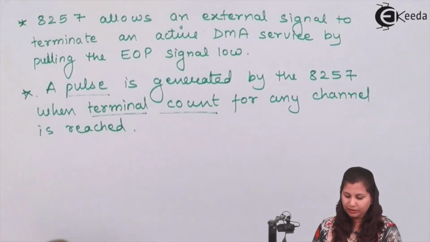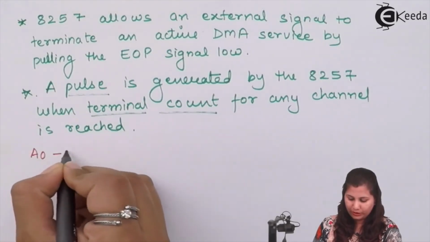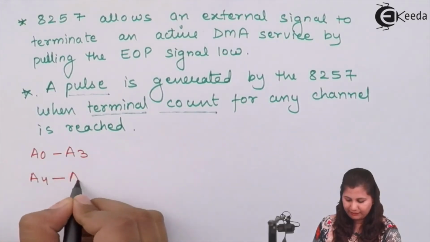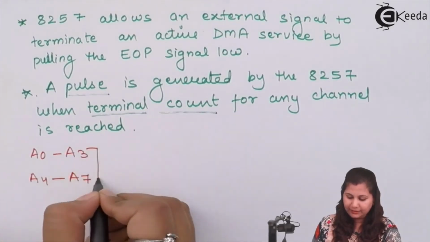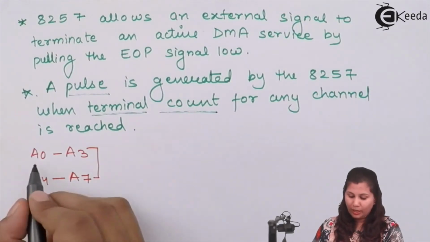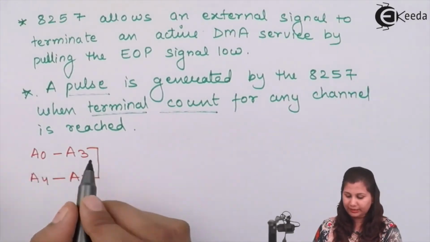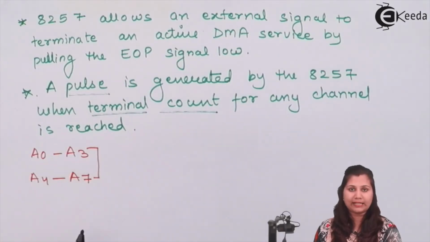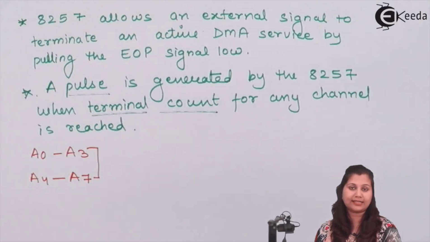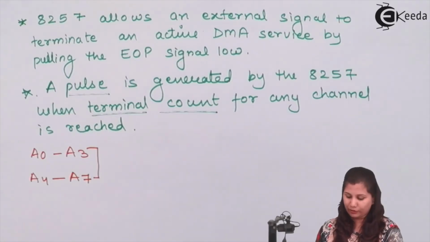Next we have A0 to A3 and A4 to A7. These are the address lines which are used by the DMA controller. Now A0 to A3 carry the least significant address, that is the lower byte of the address, whereas A4 to A7 carry the most significant bits or the higher order address.